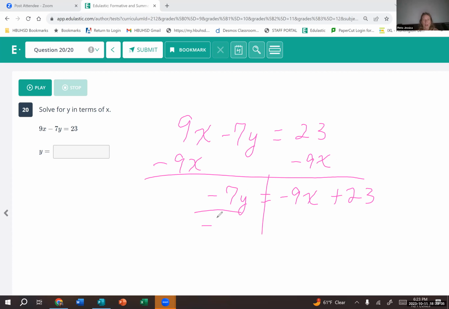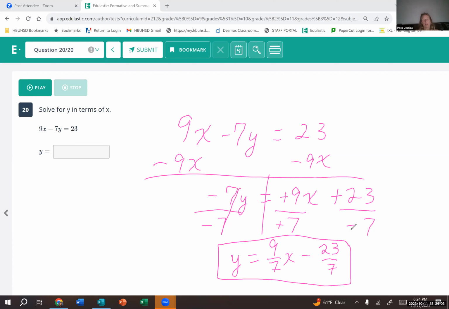Okay, I'm dividing by a negative. So that's going to give me y is equal to positive 9 over 7x. And then over here, we're going to simplify that. Positive divided by negative is a negative. And I'm just going to leave it as 23 over 7. And this is my final answer.